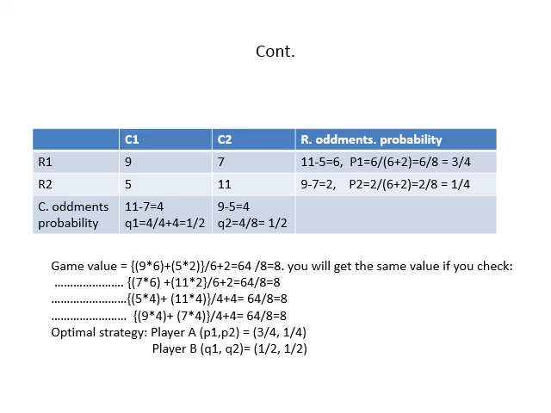Let's see the optimal strategy for player B. He has two strategies, Q1 and Q2. Q1 equals half and Q2 equals half.